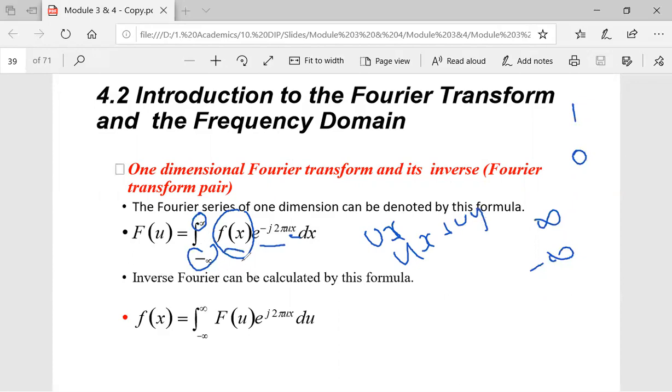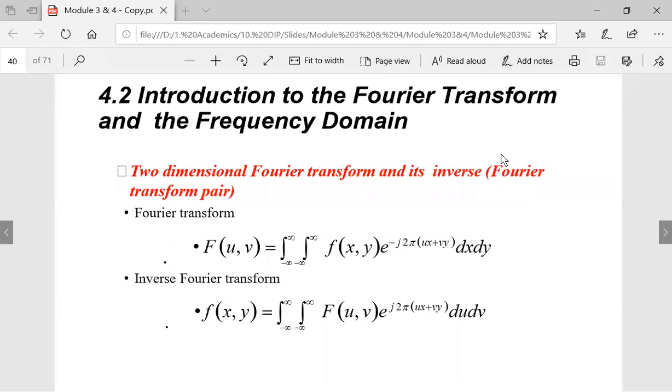The inverse of this equation can be written as f of x is equal to the integration from minus infinity to infinity of F of u e to the power of j 2 pi ux du. Here a minus sign was there, and here a plus sign will be there.